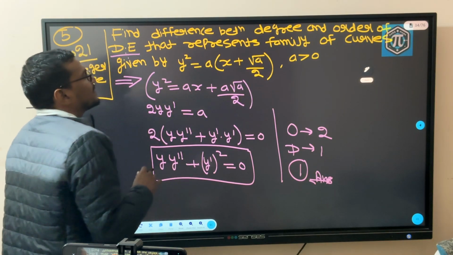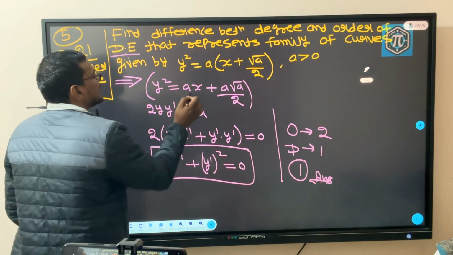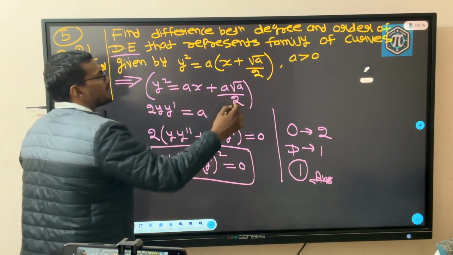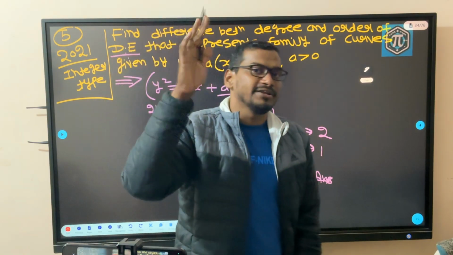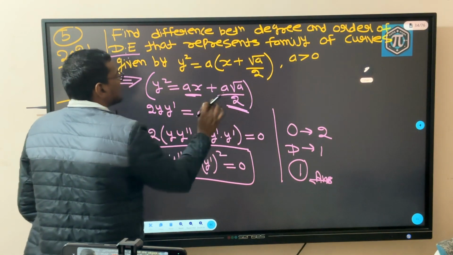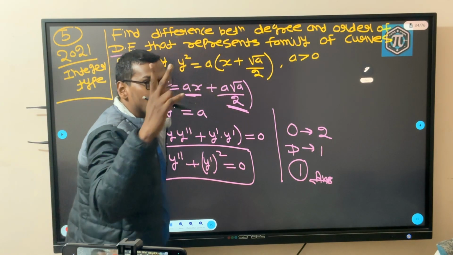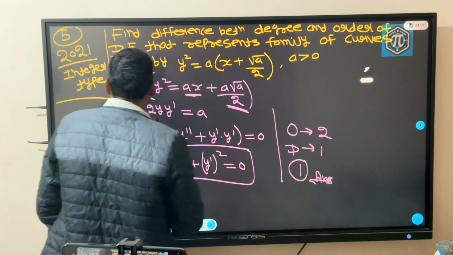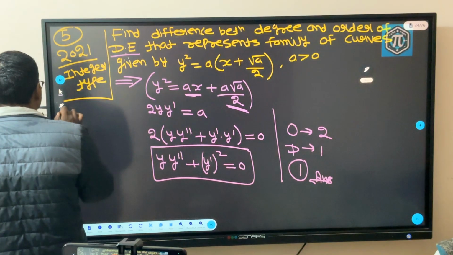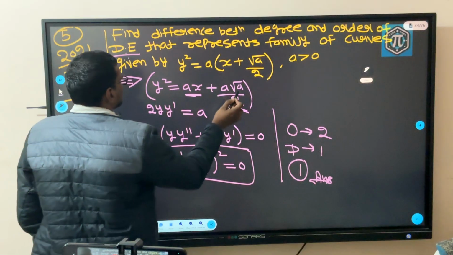First of all, we will make the differential equation. Don't think it is only 1 constant. Here it is not constant plus constant. Here it is one variable multiple plus one constant. So there are 2 arbitrary constants here, not 1.